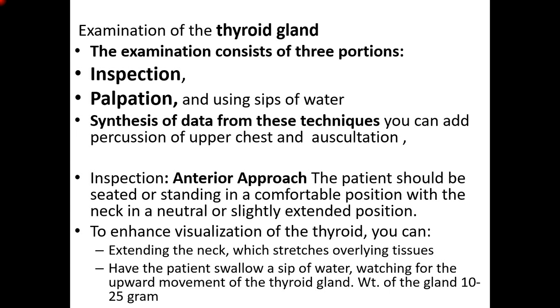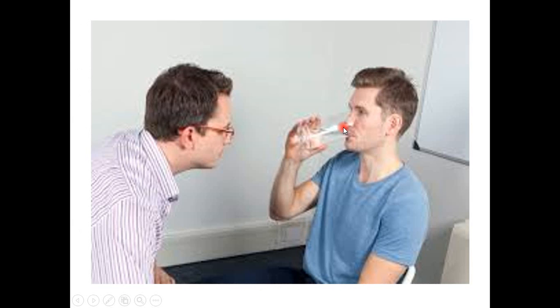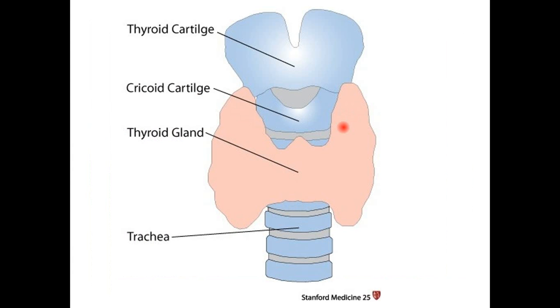As we know, the weight of the gland is between 10 to 25 grams. This is the method of inspection of the thyroid gland. You ask the patient to drink sips of water, and during swallowing you notice the movement of the gland with deglutition. This is the anatomy of the thyroid gland, composed of the thyroid cartilage. It's very important to notice the thyroid cartilage and the cricoid cartilage.